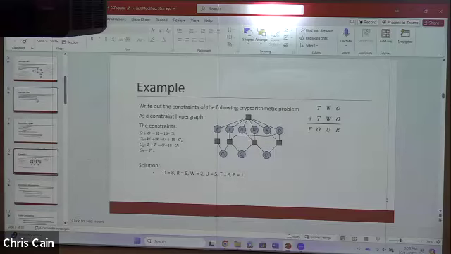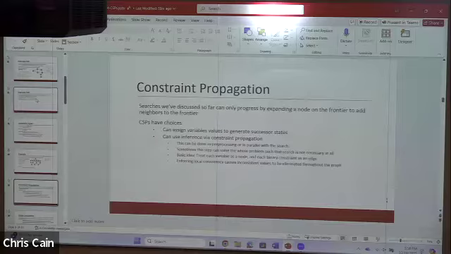What else is important here? So we found a constraint graph that we could make for this problem. We found many solutions to it. Then the concept of constraint propagation: basically, what can we do with pre-processing? Can we eliminate particular values of particular variables before we even start?